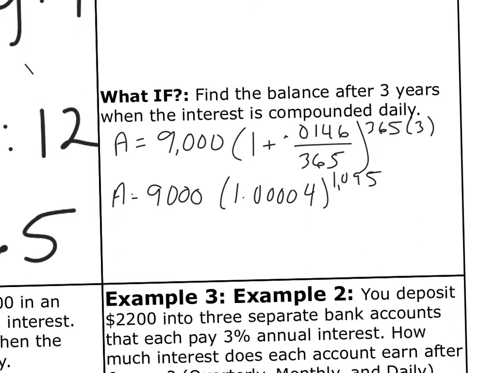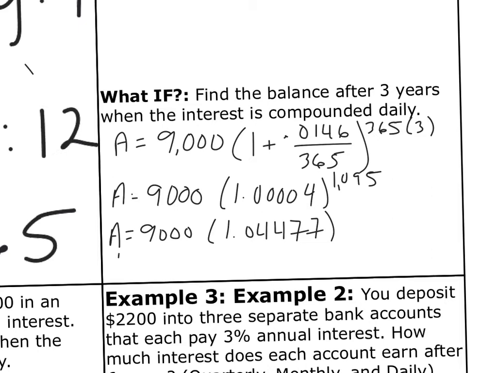So let's raise that number. 1.00004, it's a lot of zeros, and then raise it to the 1095. So that gives me A is equal to 9,000 times 1.04477. So let's multiply that.